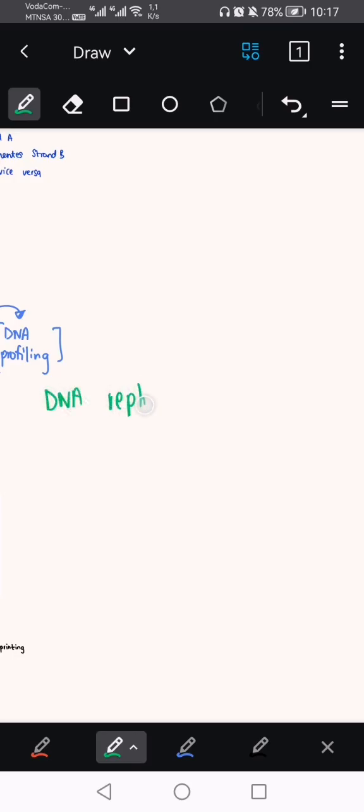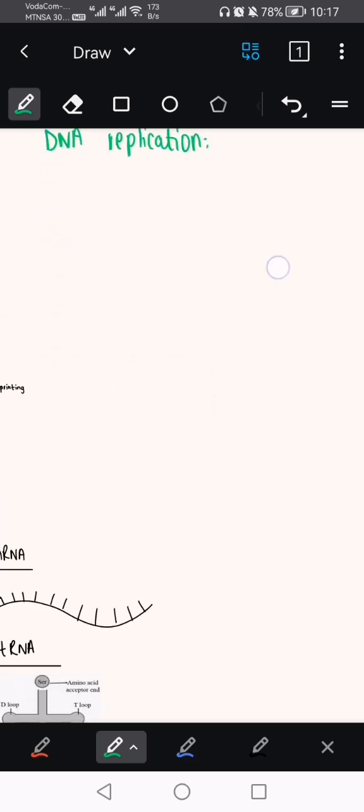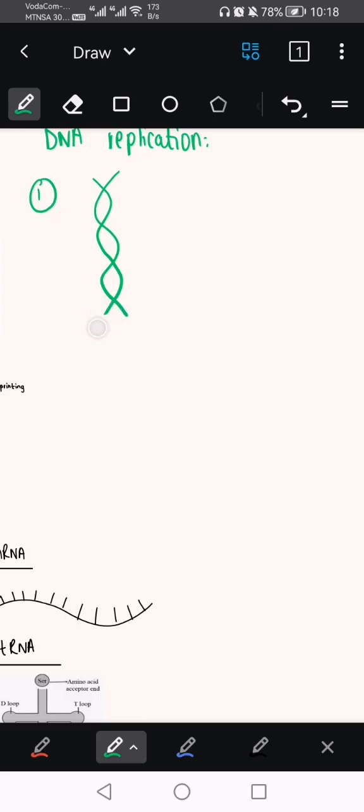So what happens with DNA replication? The first part of DNA replication is the DNA double helix molecule. We know that DNA is a double helix; we looked at its structure earlier on. It has a double helix structure like that, right?